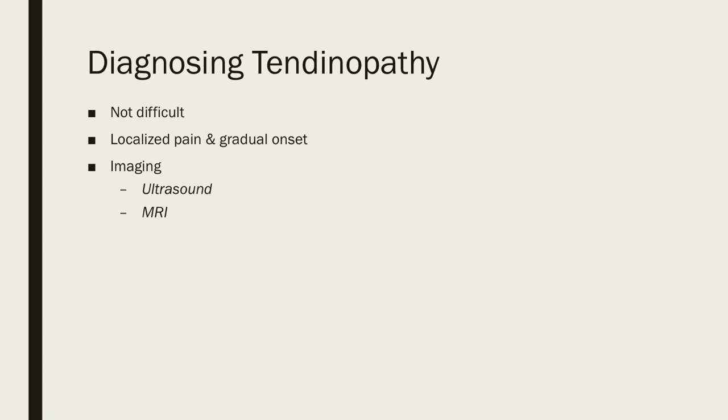MRIs can occasionally be helpful as a secondary modality, and are really useful for providing high resolution images of deep tendons rather than superficial tendons. It can also give us a better idea of the exact location of tendon tears and ruptures, especially as it's associated with the joint and the bone. So typically we use ultrasound, but sometimes an MRI can be useful as well.